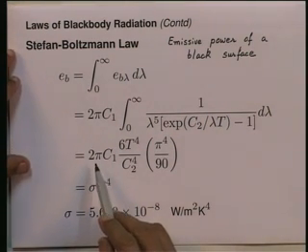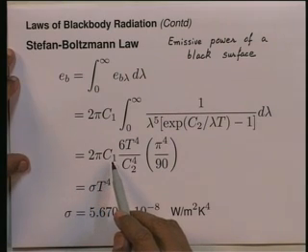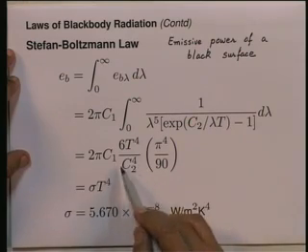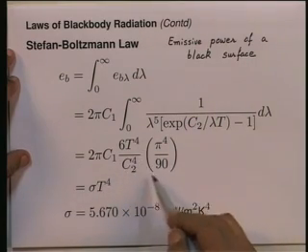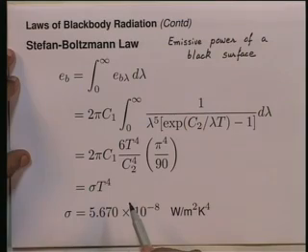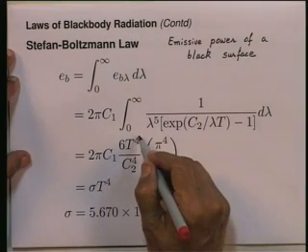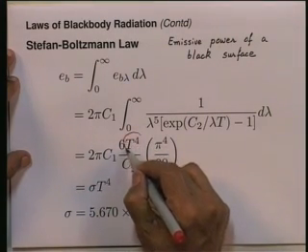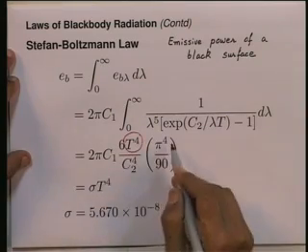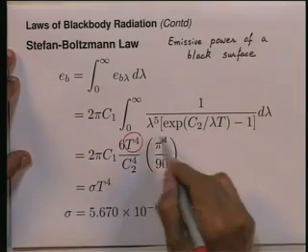Now, all this is a constant: 2 pi c 1 is a constant given by Planck's law, 6 is a constant, c 2 to the power of 4 is a constant, pi to the power of 4 upon 90 is a constant. So, leave out T to the power of 4, which is the absolute temperature to the power of 4, and club all the remaining together into one constant.